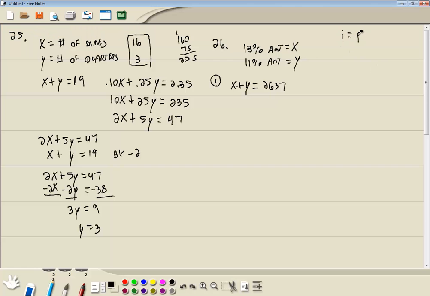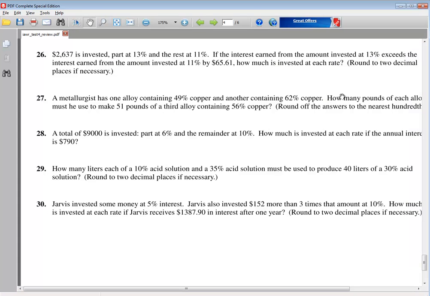I is equal to PRT. So our interest is principal times the rate, where principal is the amount we're putting into the account, and time we said is 1. So we're basically dealing with I is equal to PR. So we're going to have this amount times this rate. So we got 0.13x plus this amount times this rate, 0.11y, is going to give us our total interest, because they're working together to achieve the interest.